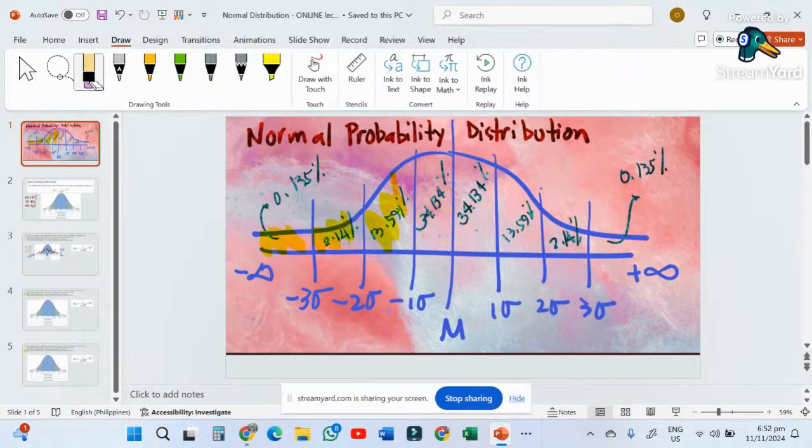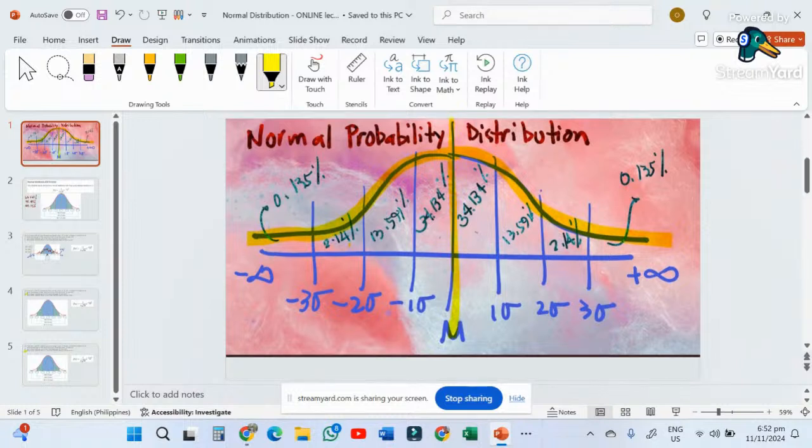Now, I will make it as short as I can. So here is a normal probability distribution. What does it mean, normal probability distribution? It is composed of a symmetrical curve here. Why is it symmetrical? Because at the middle is the average of all the values that you're going to analyze.